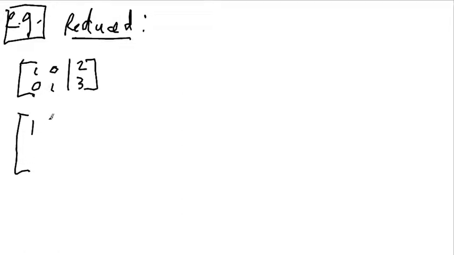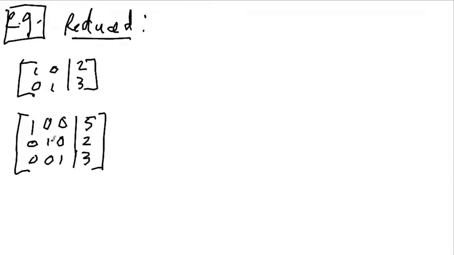How about a bigger one? I drew something like this in class. Again, we see that the first entry in each row here is a 1. Anything above or below a 1 is 0. And each 1 is to the right of any 1 above it.